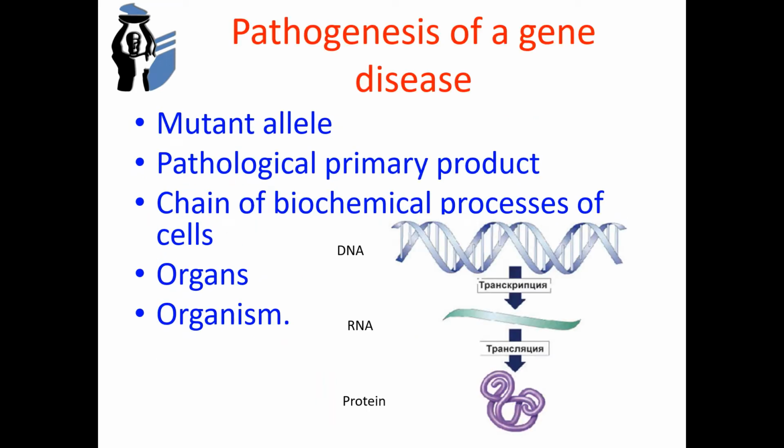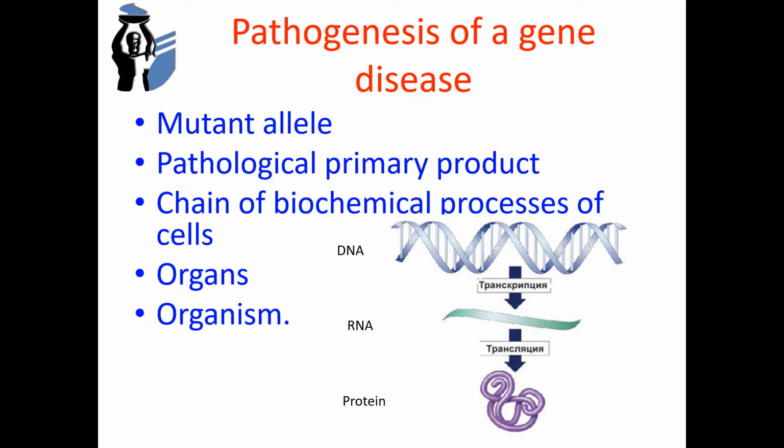You see the pathogenesis of a gene disease on the screen. Mutant allele, pathological primary product or pathological mutating protein, chain of biochemical processes of cells in organs and organism.